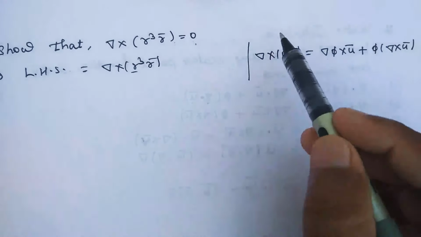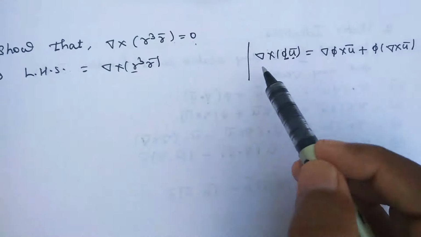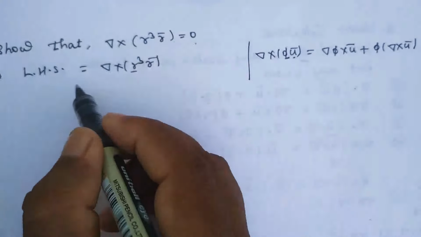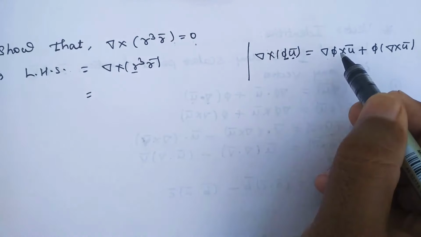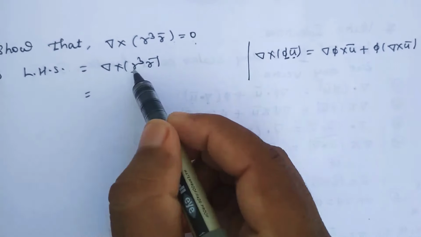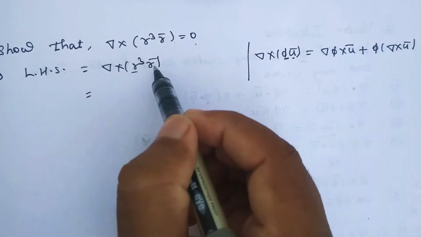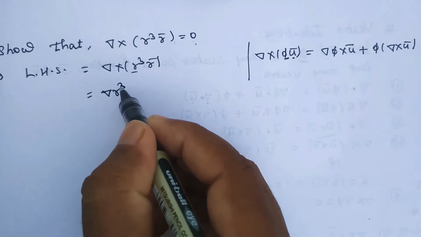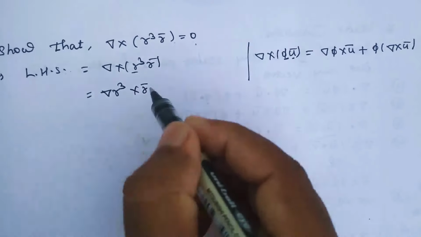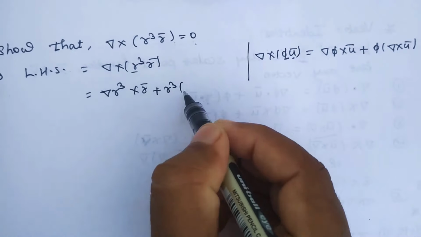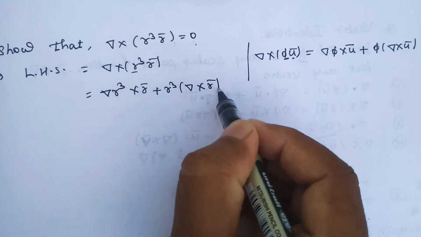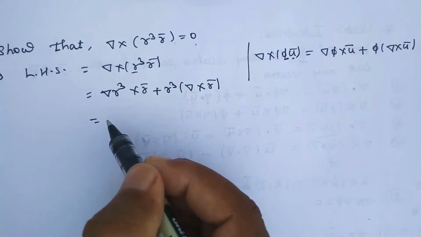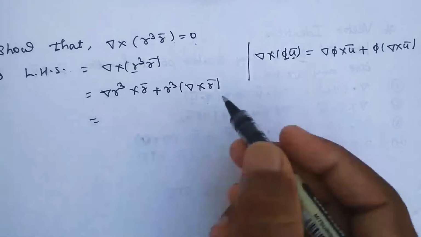So we can use this vector identity to solve this. Using it, phi is equal to r cube and u bar is equal to r bar, so we get del r cube cross r bar plus r cube into del cross r bar.